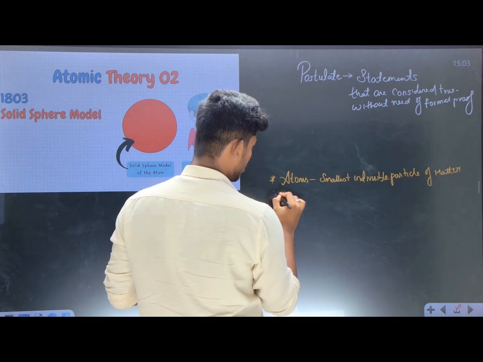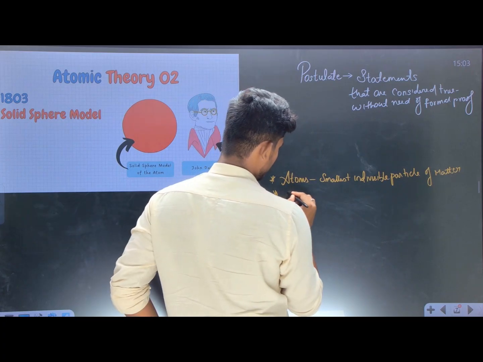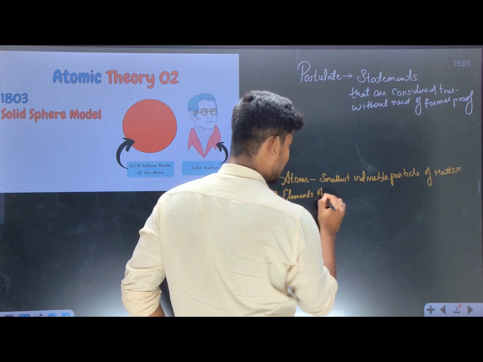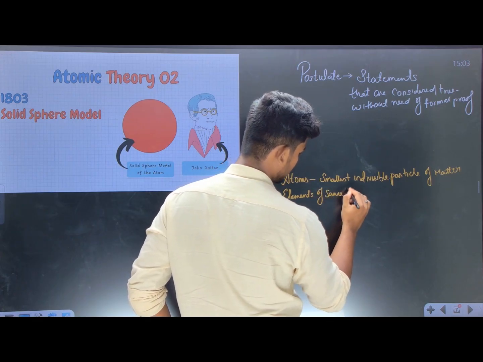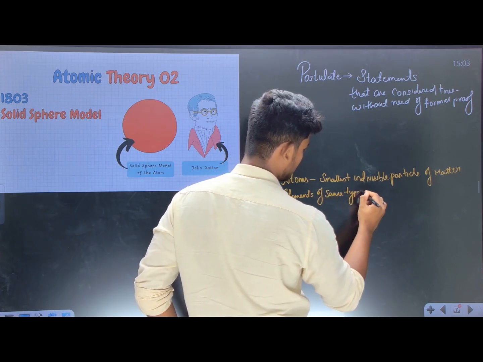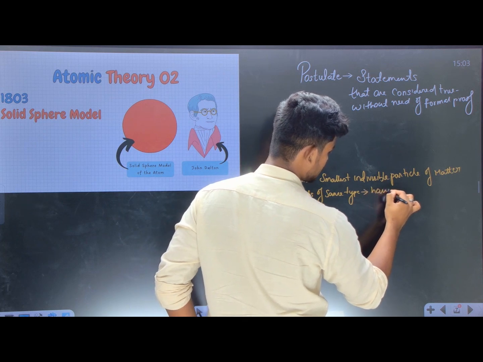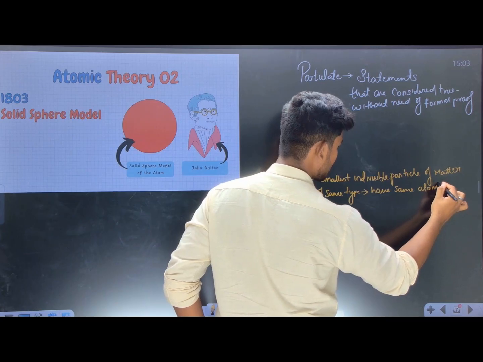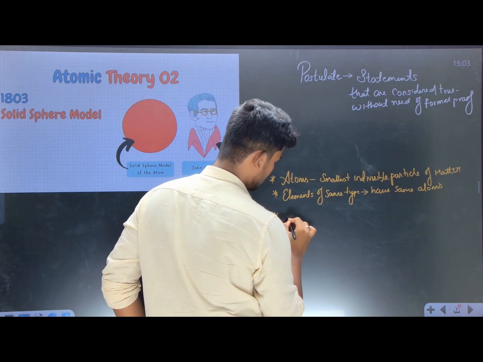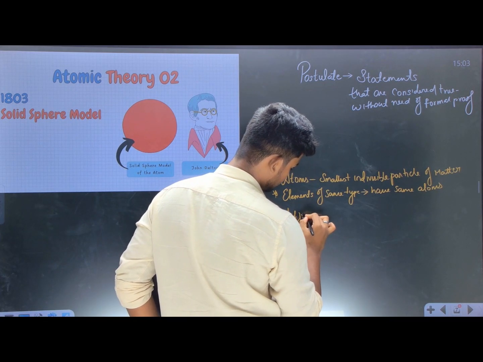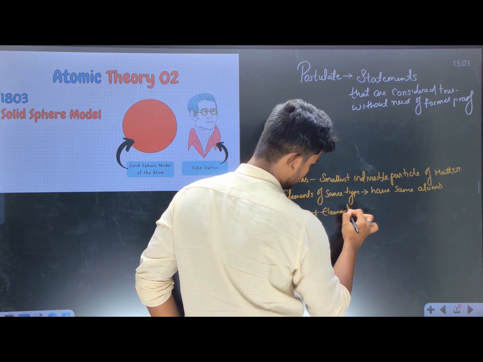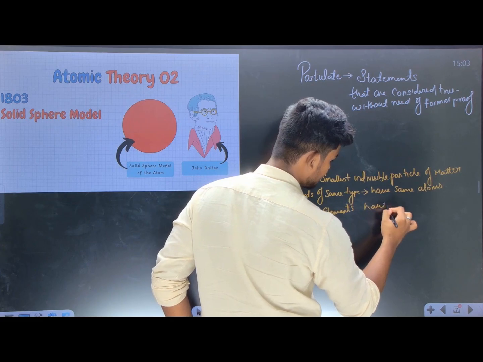His second and most important postulate is elements of the same type have the same atoms, and different elements have different atoms.